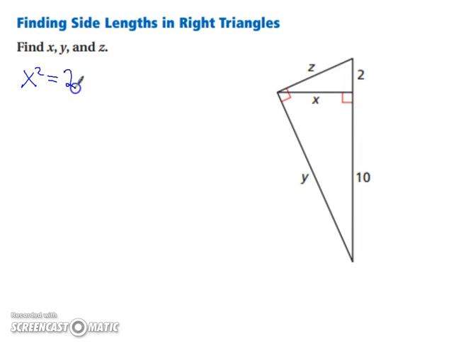So we have 2 times 10. Alright, well, x equals the square root of 20, and there's no nice square root of 20, but we can split this into 4 times 5, which will give you 2 square roots of 5.